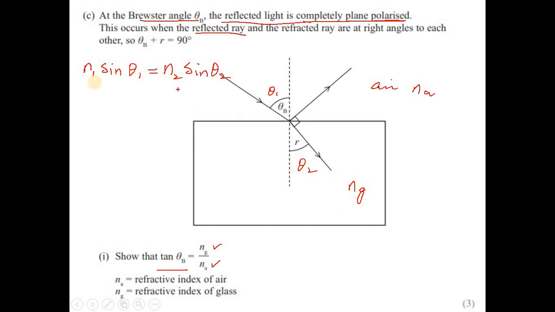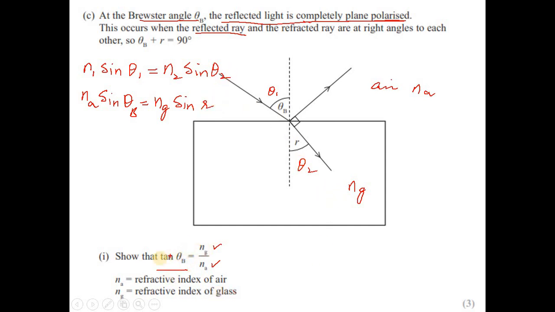So if I apply the given condition for our medium, I can say that Na sine of theta b is equal to Ng sine of r, which is theta 2.